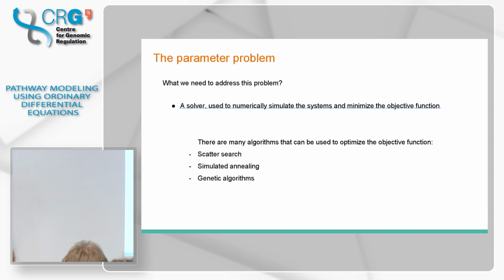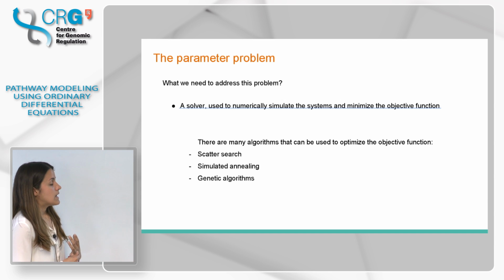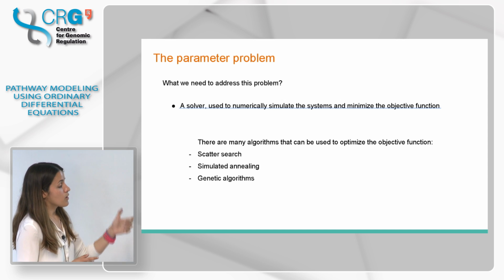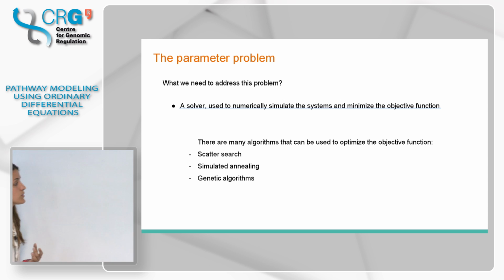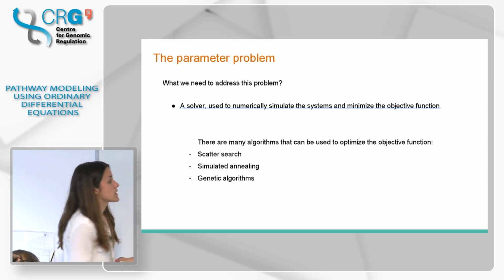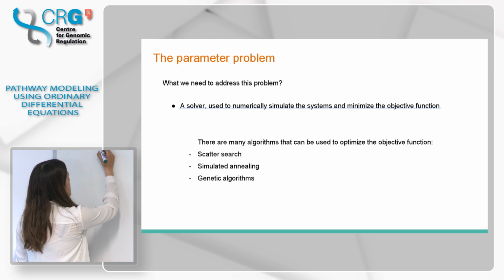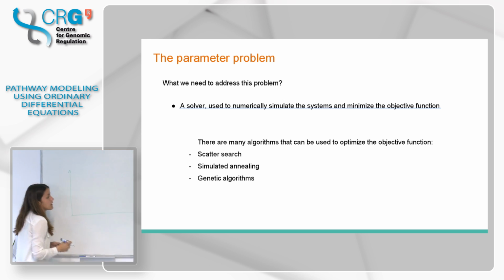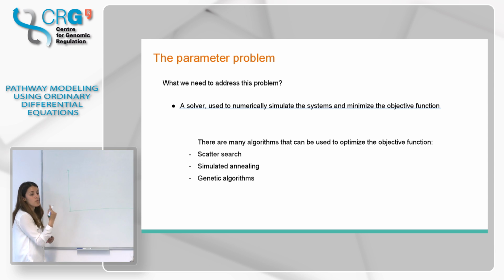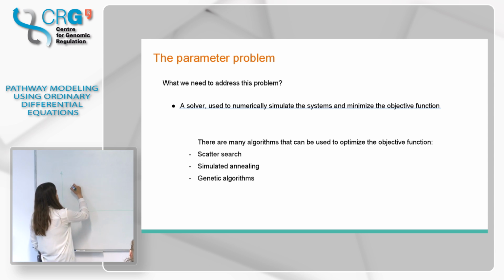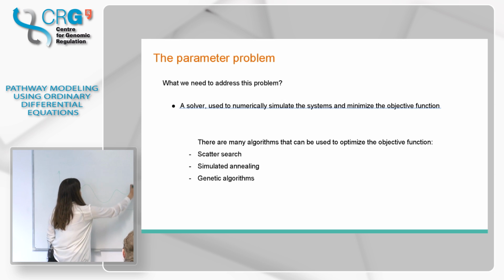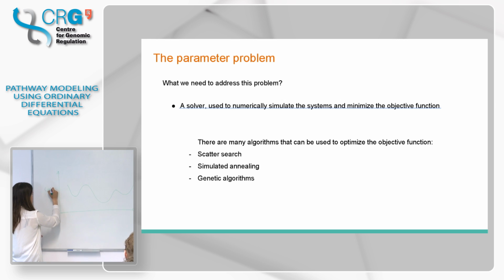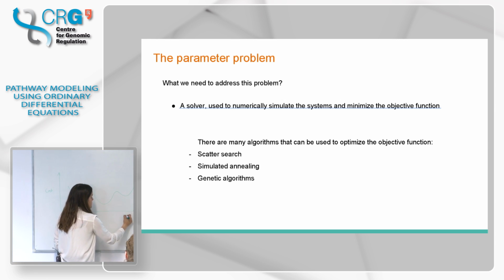There are different algorithms. Some of them do global optimization. Others do local optimization. The difference among them is this: imagine a very simple example in which I only have one parameter to estimate. This is the value of the cost function, and this is the value of my parameter.